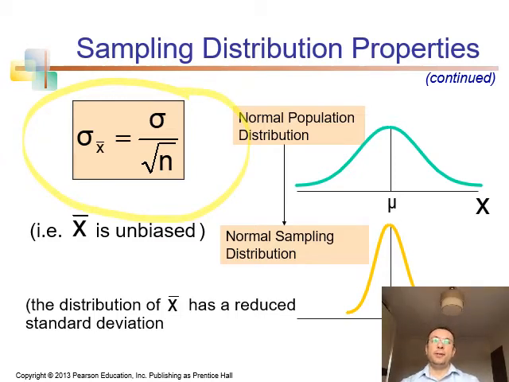What that means is, as the sample size gets higher, the standard deviation of the sample mean gets lower. So for example, here, this is the population distribution with a higher variance and higher standard deviation, and this is the sample distribution with a lower variance and lower standard deviation.